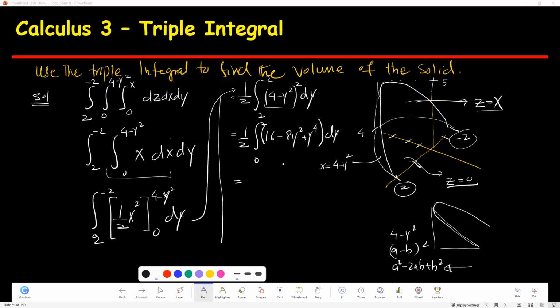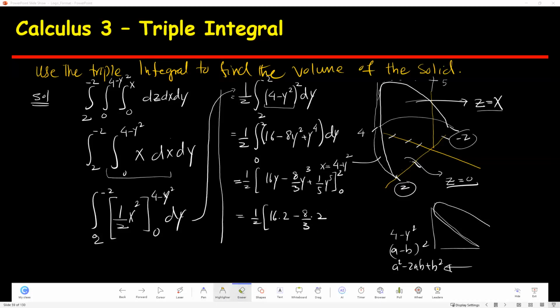I'm going to take the integral and put the rest of the stuff inside. So 16y minus 8 over 3 y cubed, plus 1 over 5 y to the power 5, and then the limits are 0 to 2. Okay, let's substitute the limit directly. So it's going to be 16 times 2 minus 8 over 3 times 2 to the power 3.